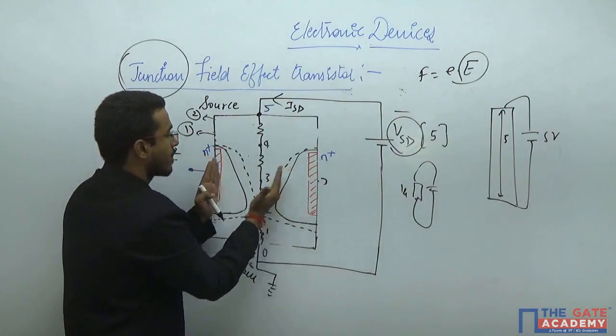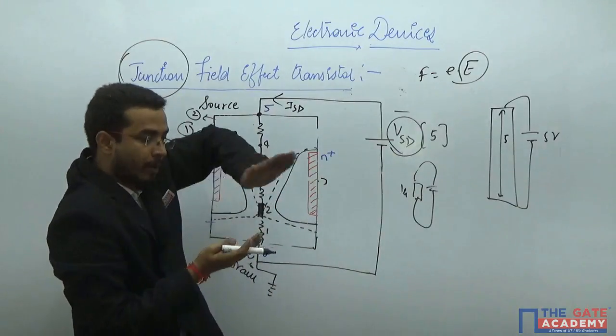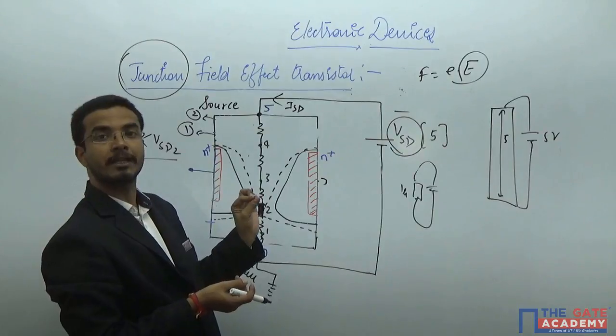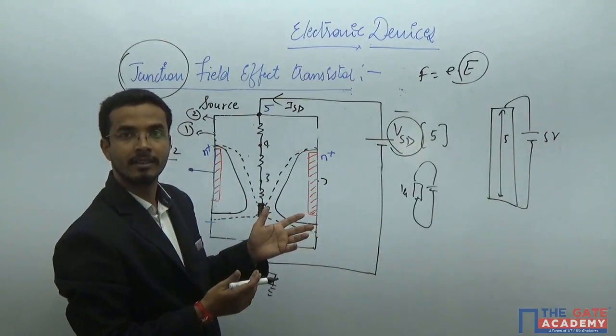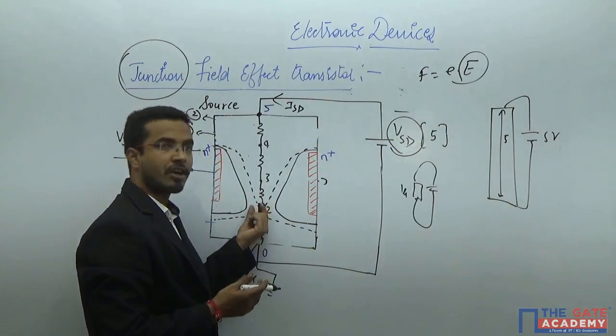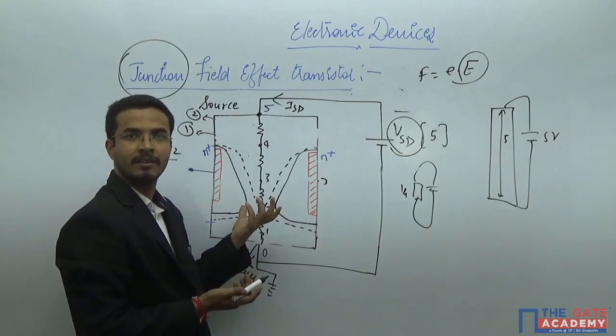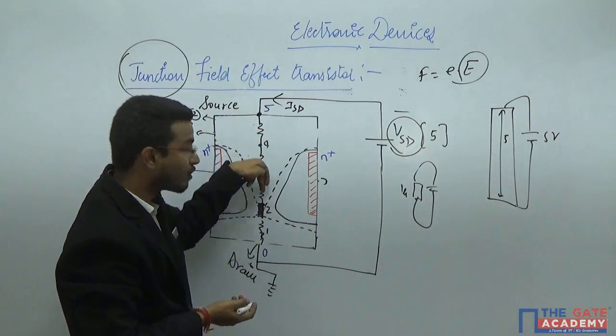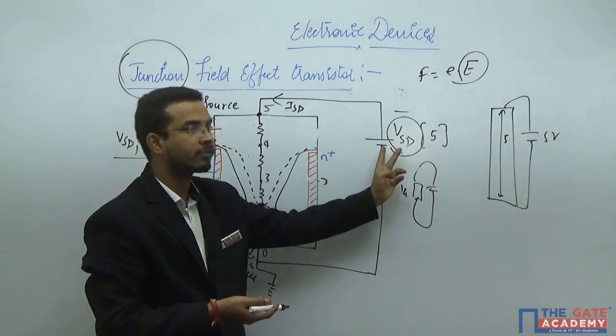Yes or no? And if you are able to vary these things, that means you are able to change the cross-sectional area of the device, due to which the resistance offered by the device will change. But after pinch off, the resistance you cannot change. Only the current will become constant, irrespective of the voltage.